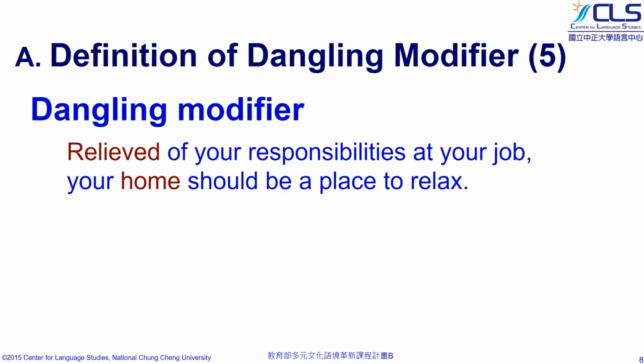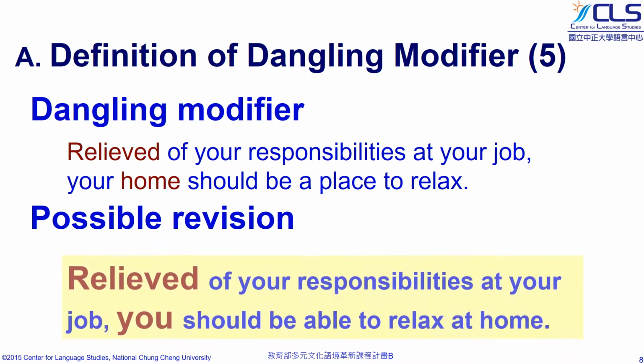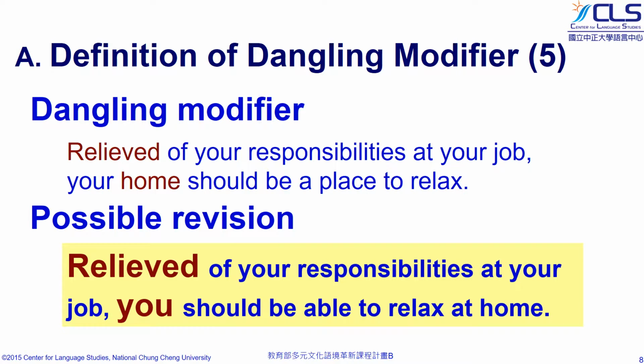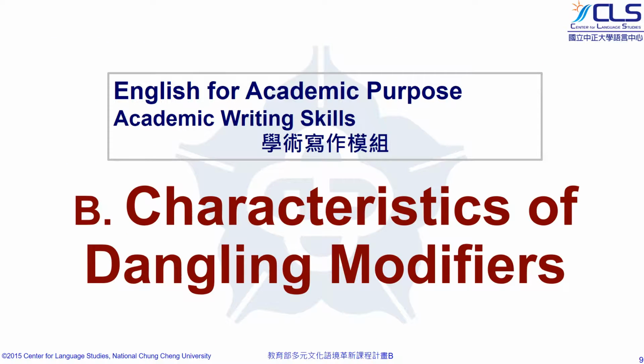We have a similar example here. The participle relieved should be used on a person. So as the previous one, we add you as the subject of the main clause. Okay, let's look at some characteristics of dangling modifiers.